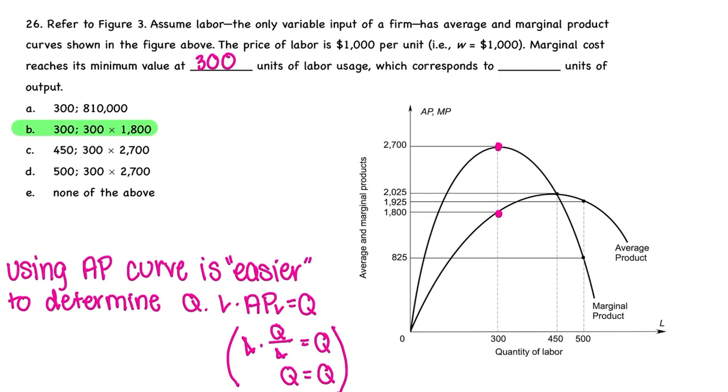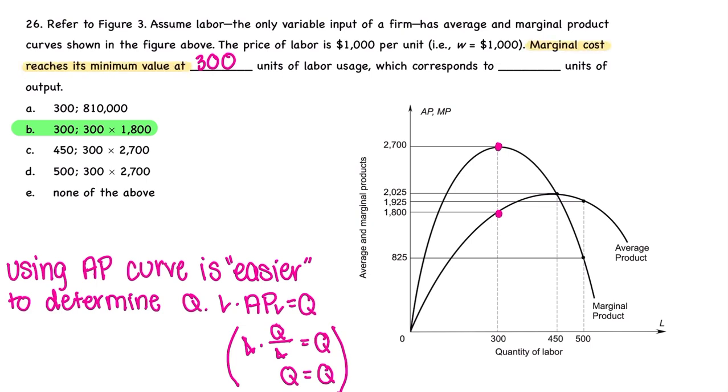And then our last one, which apparently did not erase from when I made a typo and had to come back and do it, says refer to figure 3, the only variable, same thing. Except this time it's asking for marginal cost reaches its minimum value at.